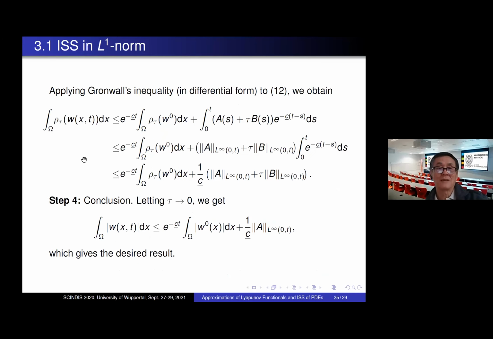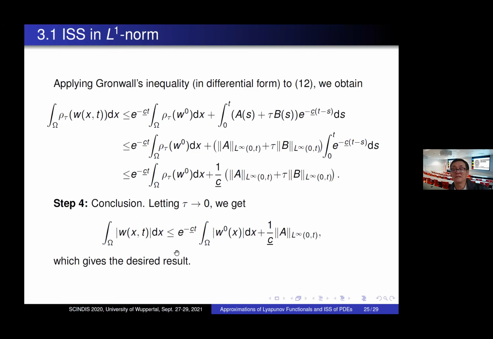So now again, apply the Borel inequality, and we can get estimates of this function in this form. Now if we let tau tend to 0, the last term will disappear. So we get this form.